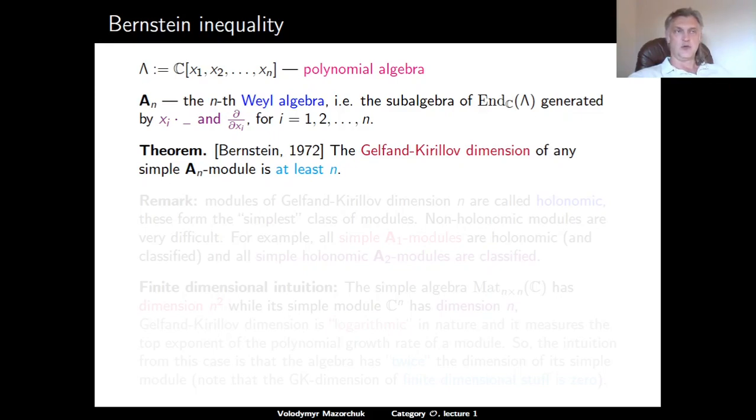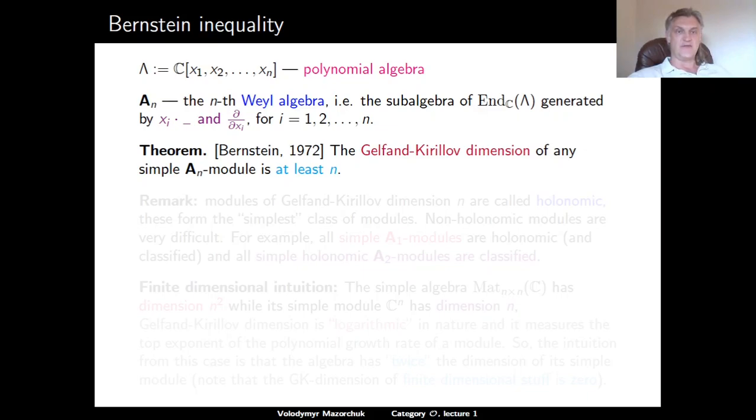And then we can look at the growth of the corresponding sequence of dimensions. So if the growth is polynomial, then the degree of that polynomial is called the Gelfand-Kirillov dimension of the module. And so Bernstein proved that the Gelfand-Kirillov dimension of any simple AN module is at least n.